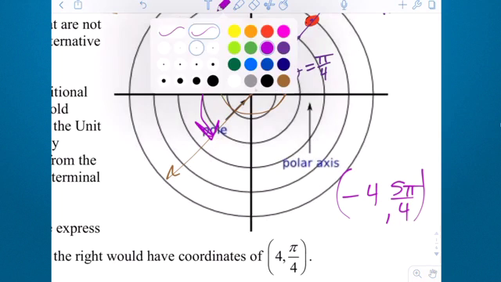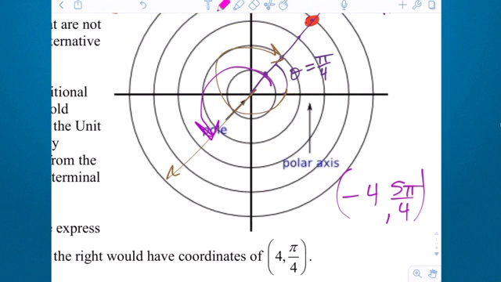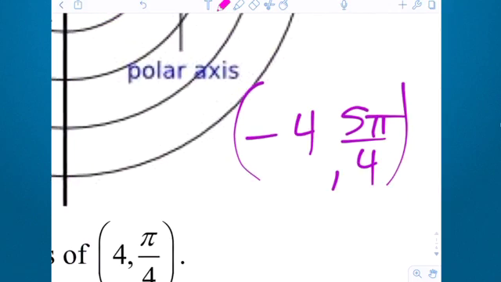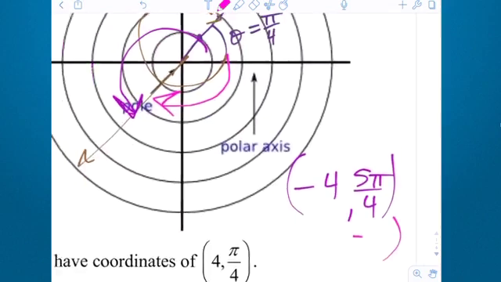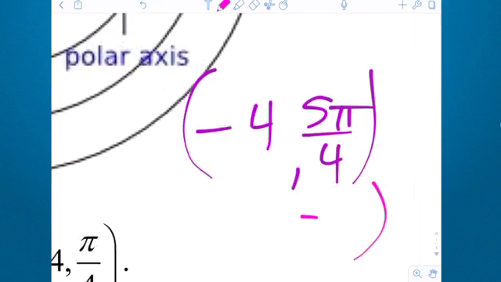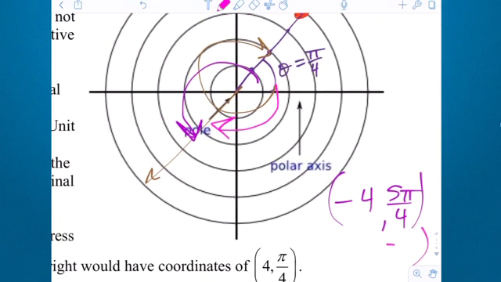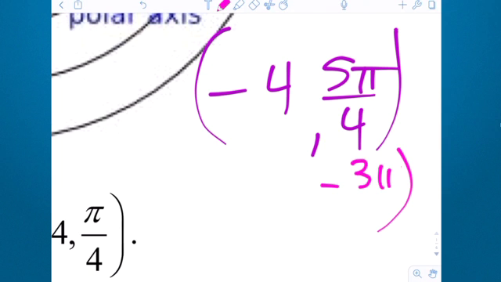And then, of course, we have one last one. If I get to the same terminal ray, but this time by rotating clockwise, that's going to be a negative angle. And what's it going to be? Not negative 5, because I'm only rotating through a little more than a quadrant. Negative 3 pi fourths. Good. I'm stopping just short of negative pi.